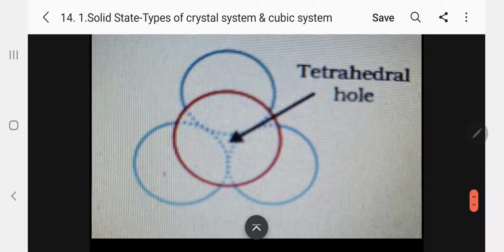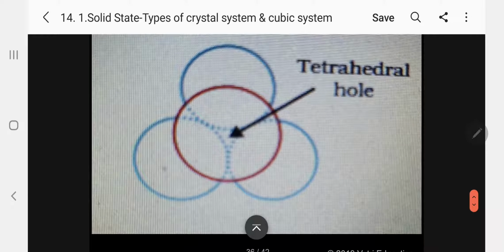Kindly follow. This is the tetrahedral void, imagine. There are three atoms below. When they are forming three atoms, and the second layer, the second two-dimensional layer, is placed over, then the atom will be exactly over the hole.